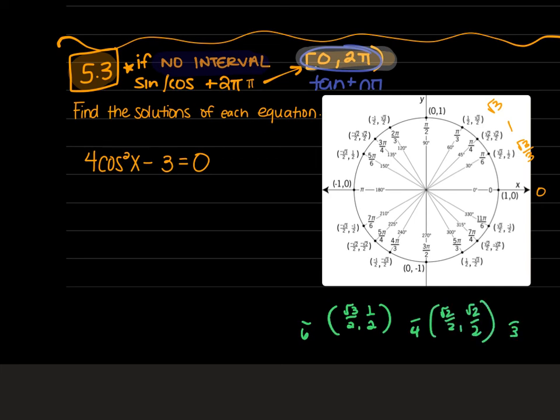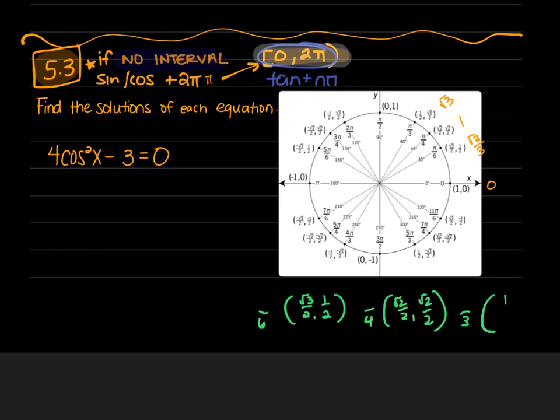And then pi over 3 is 1/2 and root 3 over 2. And then the tangents at those places would be root 3 over 3, 1, and root 3. And then know your signs. Other than that, I don't need the angles in degrees, okay? It would be a waste of time to fill out your entire thing.